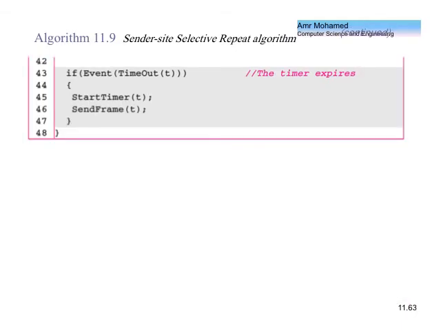On the other side, this is the timeout. For the timeout, remember that the timeout refers to the timer of a specific frame, right? So in that case, all I need to do is just send that particular frame, unlike Go-Back-N.